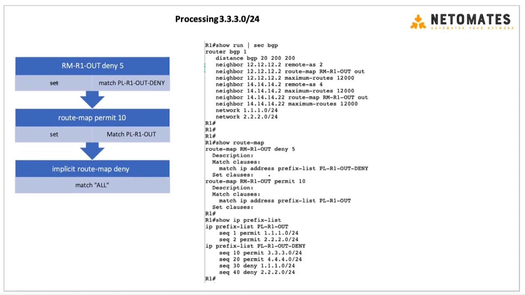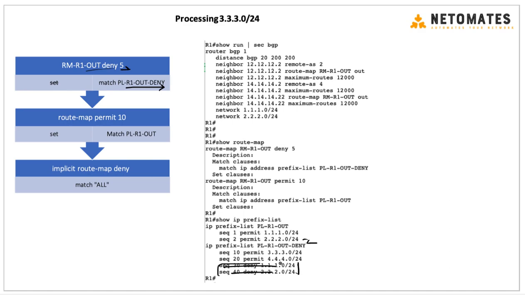The first route map statement is deny 5, and it has a prefix list match. This is the prefix list. If you see deny, it means these are actually not there in the prefix list. So you have 3 here.